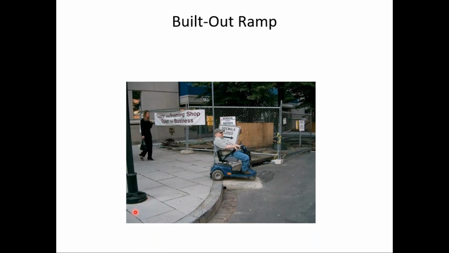And so generally these are frowned upon, but the reason I show this is I like to say when it comes to ADA, at least my personal opinion is we should never say never. I don't like these built-out ramps personally, but I think here, this may be a really good solution to a temporary problem.